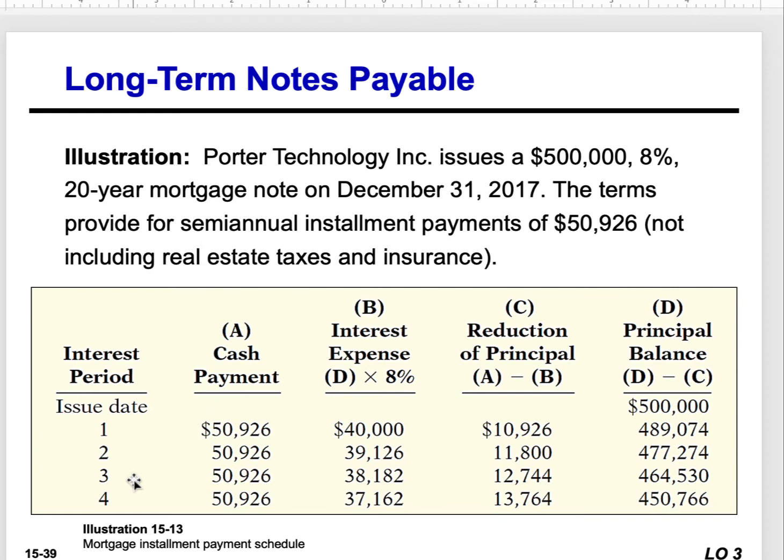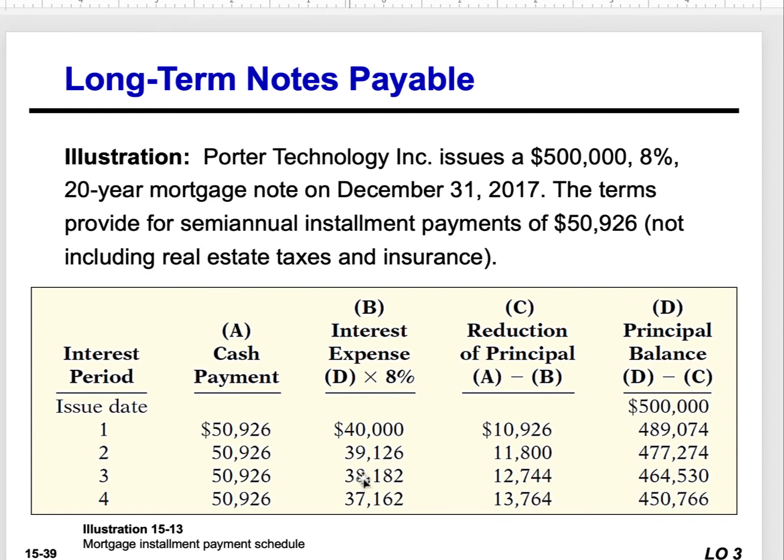We do the same thing for the third installment payment that this company made to us. Same thing. What's the payment amount? Never changes. The company already stipulated we want $50,926. What's the interest portion on this? We need to calculate that. Before we apply this third installment payment, what's the principal balance?